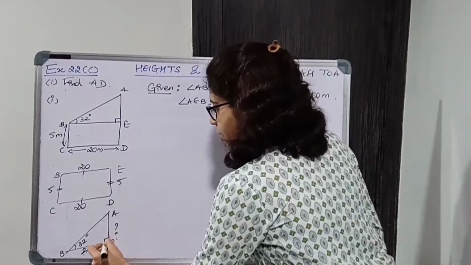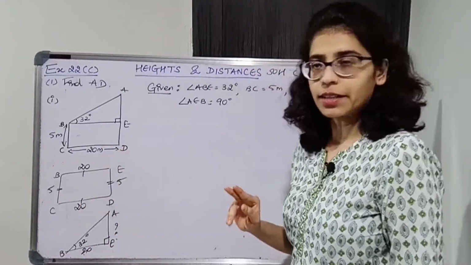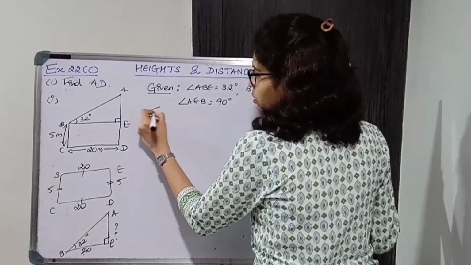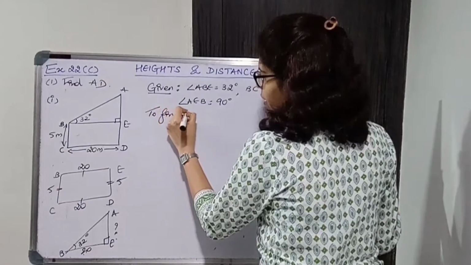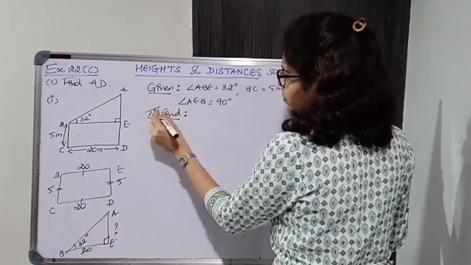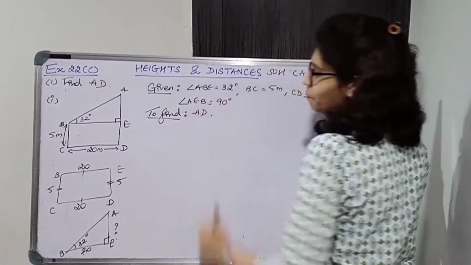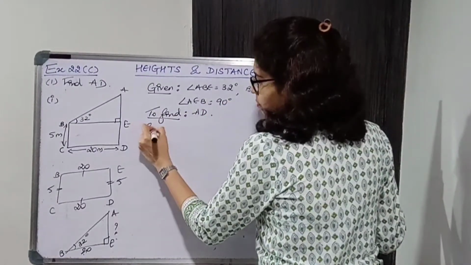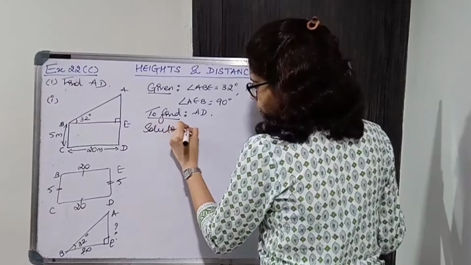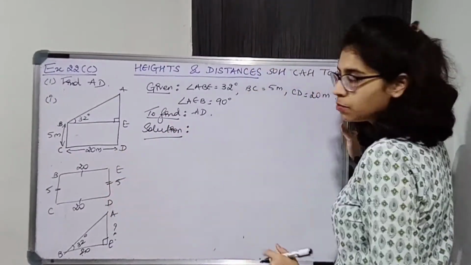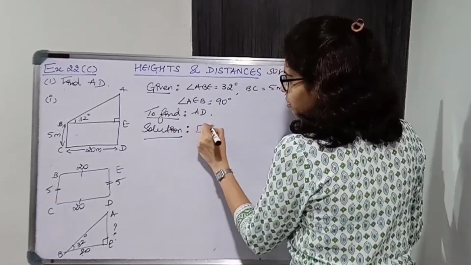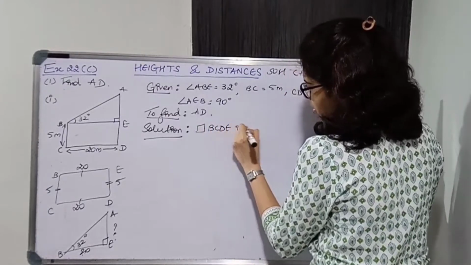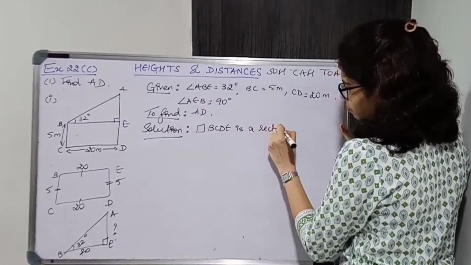Now first we'll consider this rectangle. Starting with the solution, before that write down to find: AD. First we'll consider the rectangle. So we'll write down quadrilateral BCDE is a rectangle.